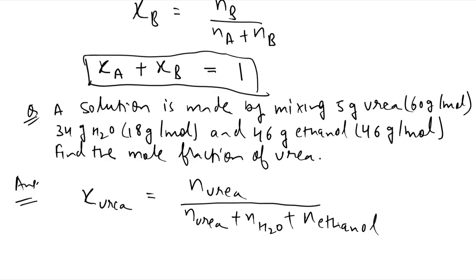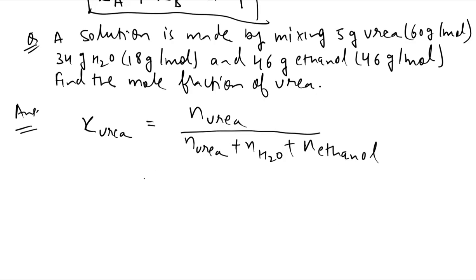So we just need to find the number of moles of urea, water and ethanol, and we can easily calculate this. First, the number of moles of urea will be given as the given mass divided by molar mass.